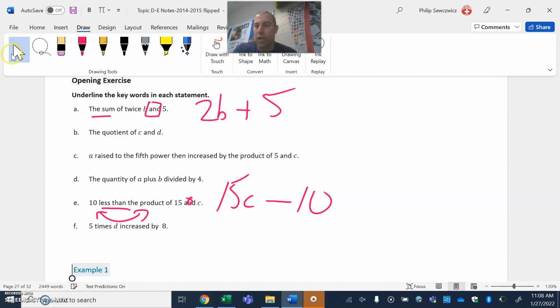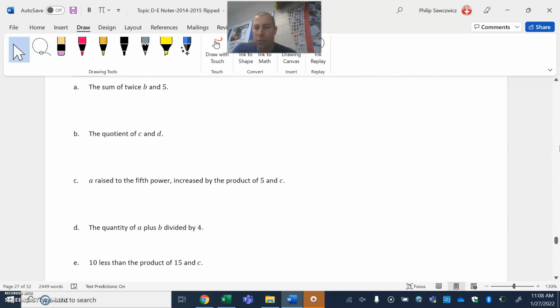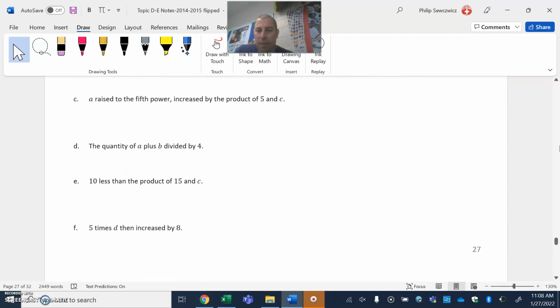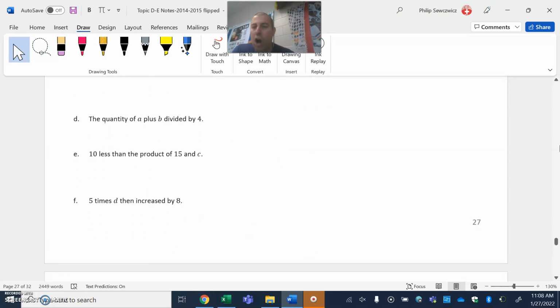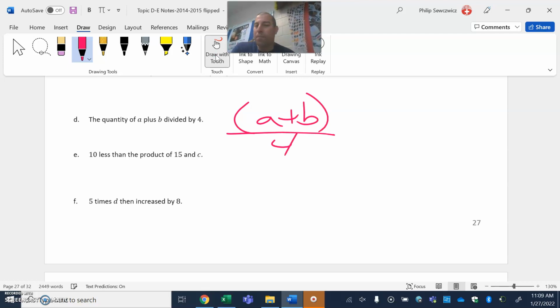All right, so let's go further down the page here and see who else we've got. Oh, here we go. Letter D. That's a nice one. The quantity of A plus B divided by 4. So the quantity of A plus B, which means I'm going to use some parentheses, and then I'm going to divide it by the 4.